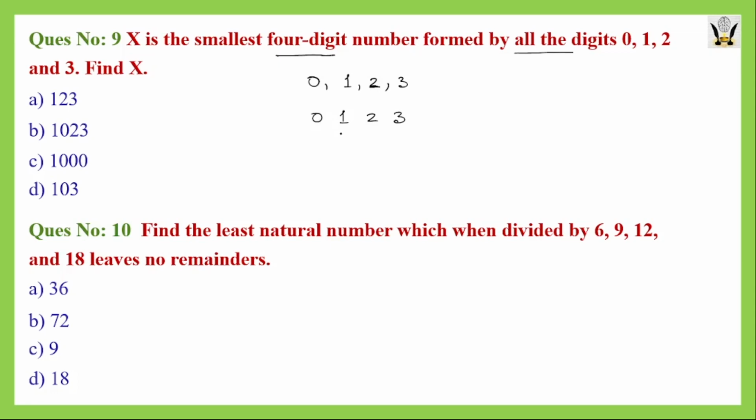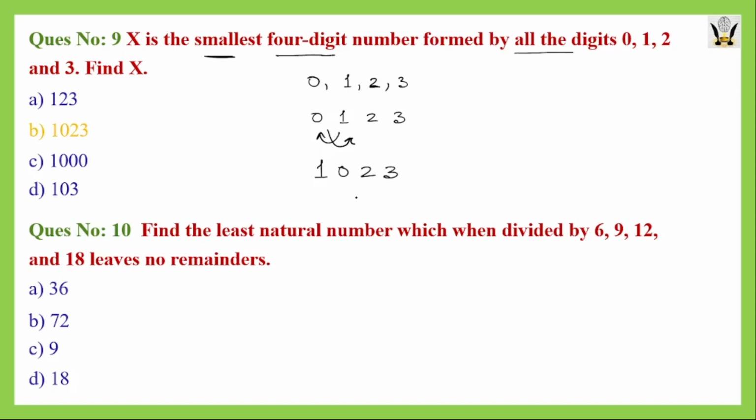So we will swap the positions of these two digits, and we will not swap with 2 or 3 because that will not give us the smallest 4-digit number, since the third criterion is that we have to form the smallest number. So finally the smallest 4-digit number that we can form by considering all these digits will be 1023. So for this case the correct option will be 1023.